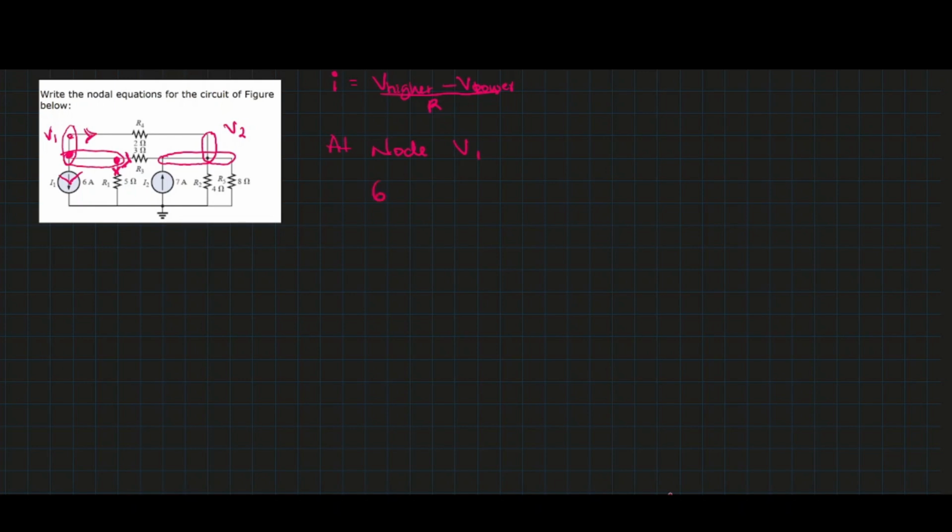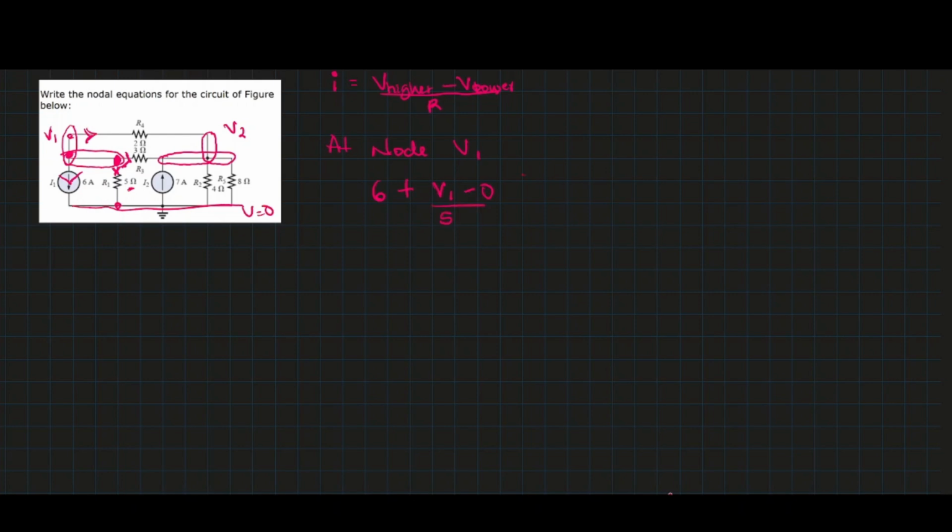So the equation is going to be 6, that's the 6 amps, plus, for this particular one of 5 ohms, what is the node here? V1 minus, what is the lower node? This point is 0. This is ground, so voltage is 0, all over 5.